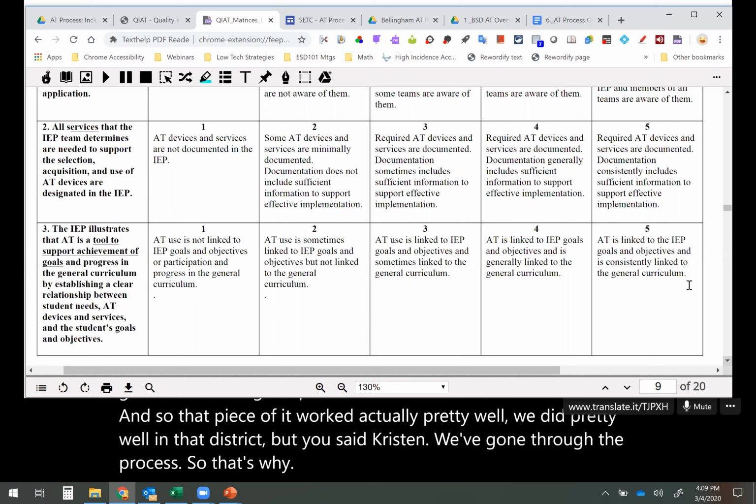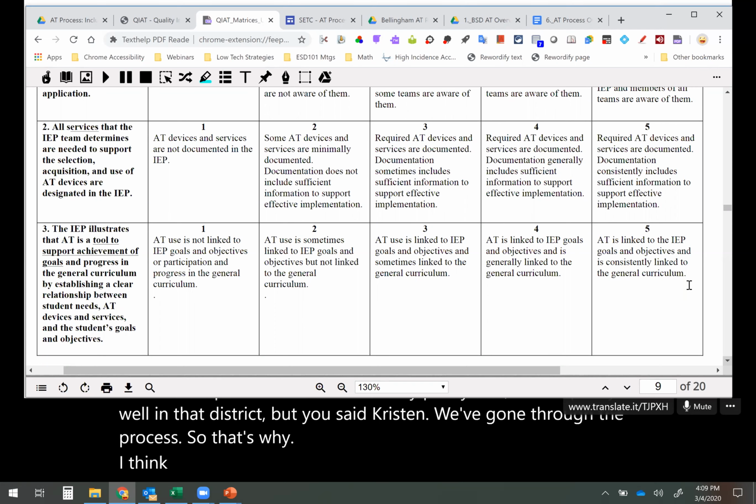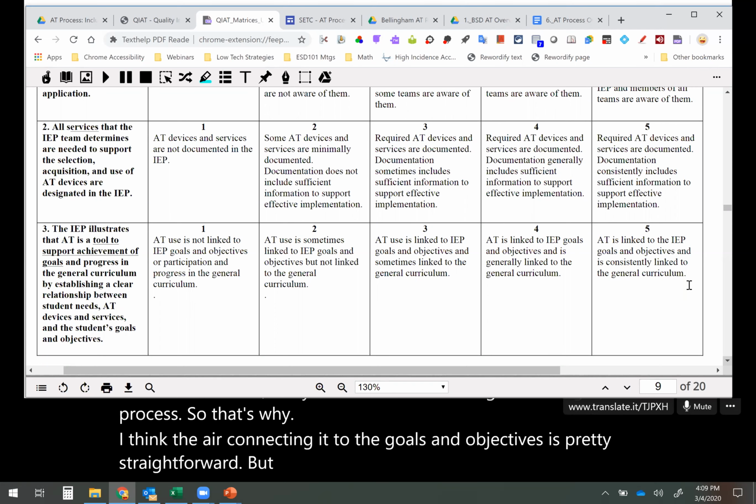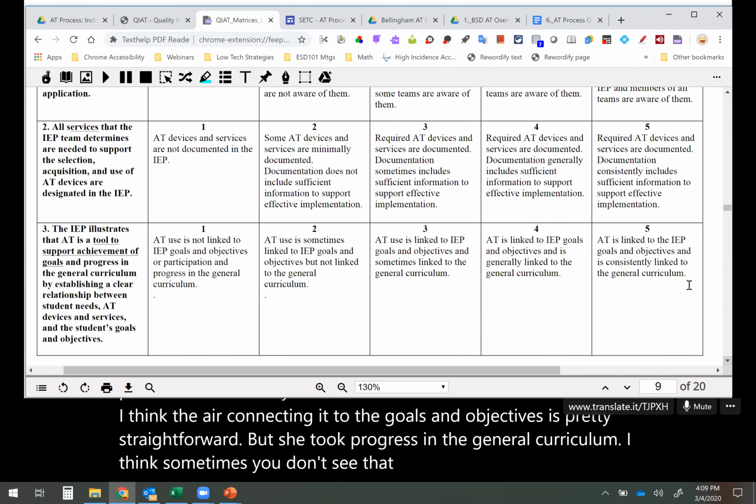I think connecting it to the goals and objectives is pretty straightforward, but to progress in the general curriculum, I think sometimes you don't see that direct link. That's a good point.